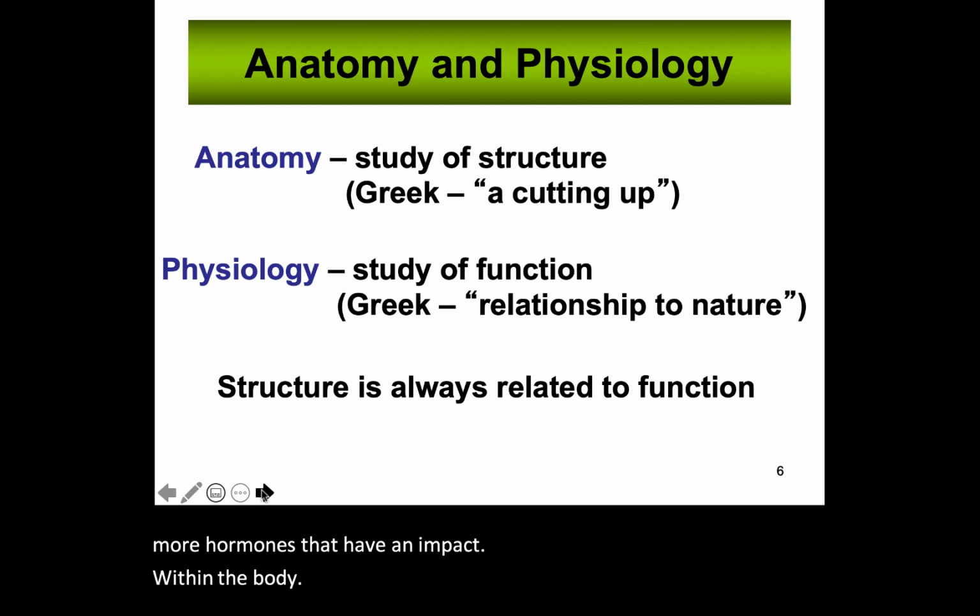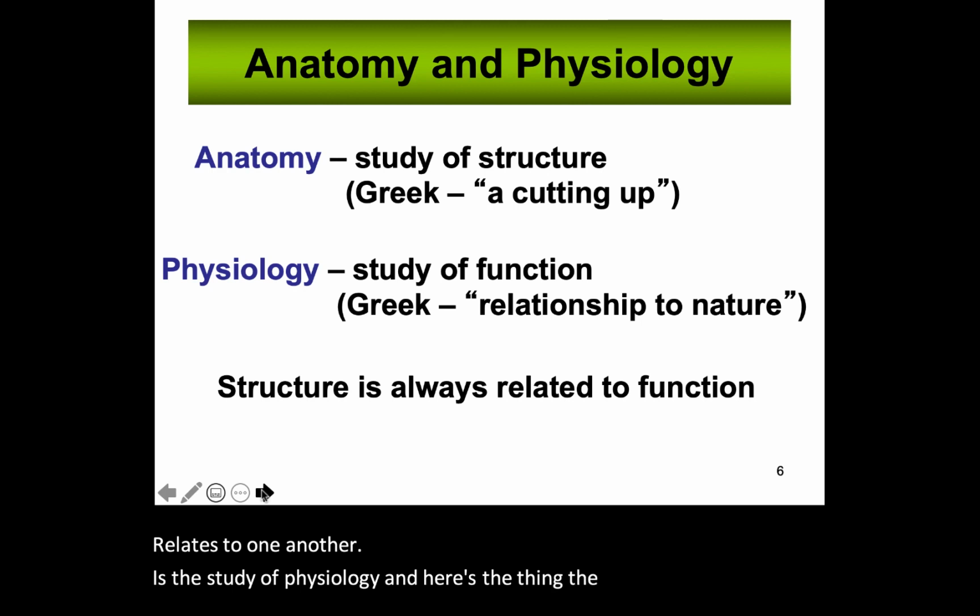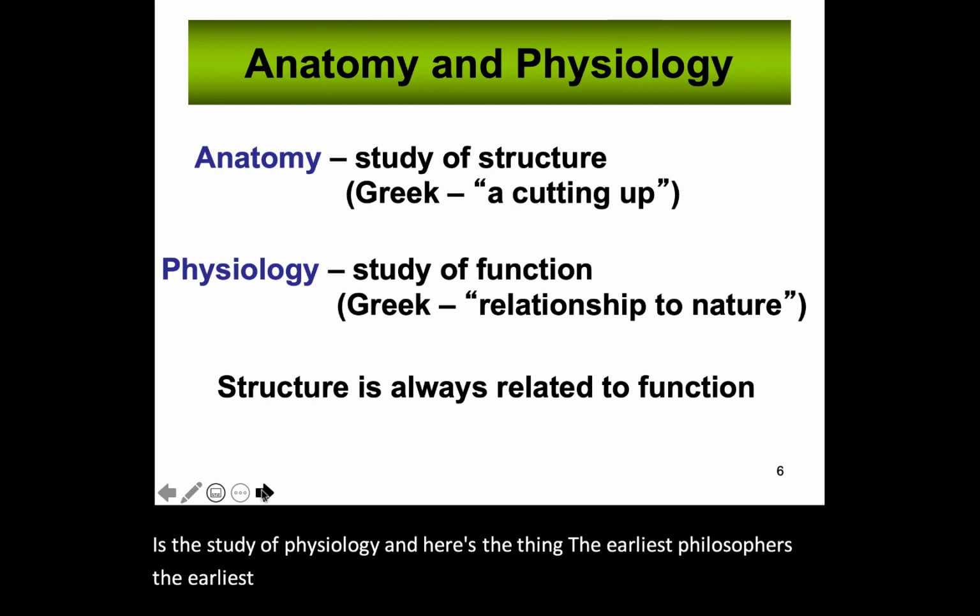Your body is its own ecosystem, and how the systems relate to one another is the study of physiology. And here's the thing. The earliest philosophers, the earliest anatomists believed that the anatomy defined the physiology because that's all they could work with.